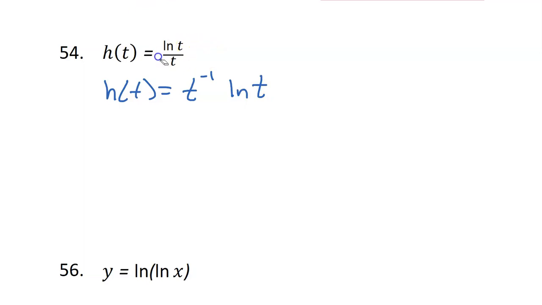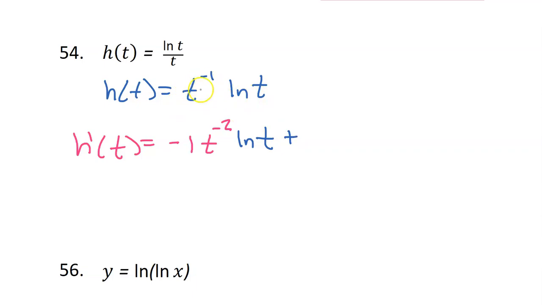Okay, so we rewrote it. And then you would use the product rule. So you would go h prime equals, you take the derivative of the first factor, so by the power rule, that negative 1 goes in the front, and then you reduce this by 1, so that's negative 2. You leave the second factor alone, so natural log t. You put a plus.